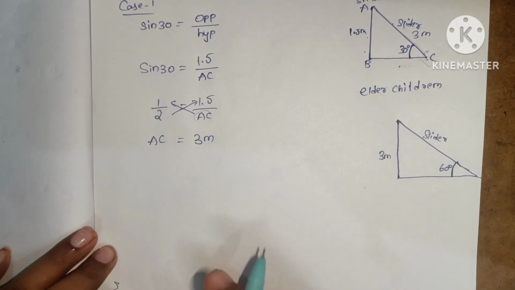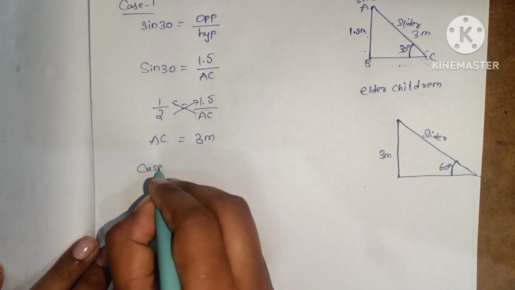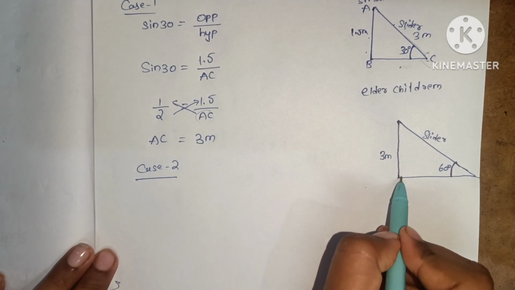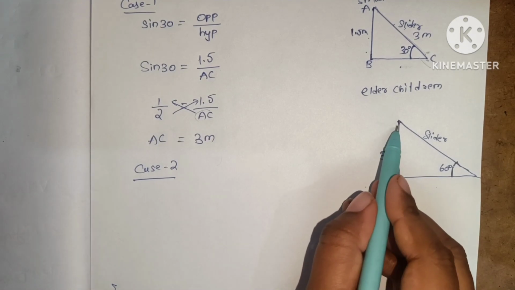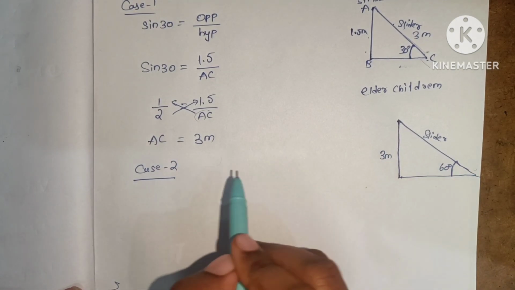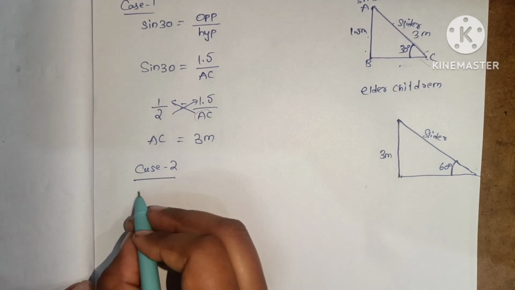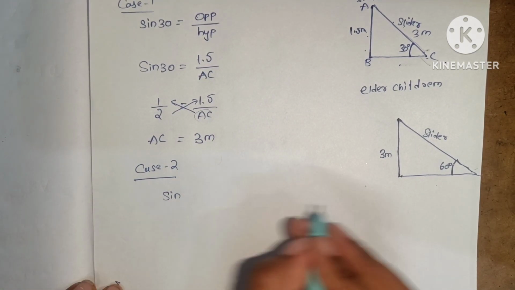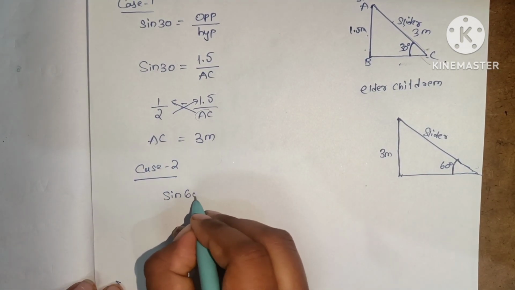Now in case 2, again the opposite side is there. You have to find the hypotenuse, the length of the slider. So again you use the sine ratio. The angle given is 60 degrees.